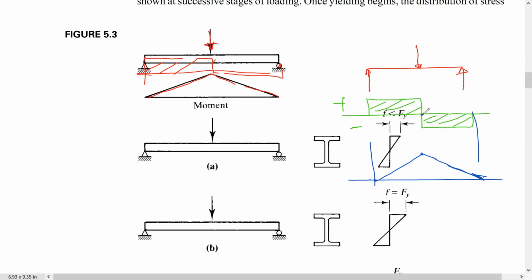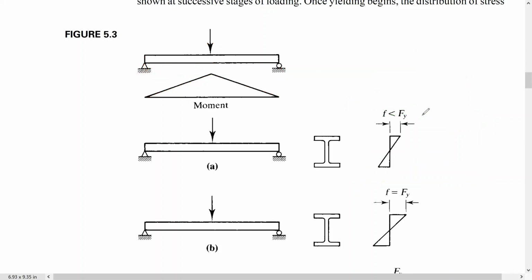Right now, let's call this load P. If P is very small, we have a small distributed stress, so the stress is still less than F yield.